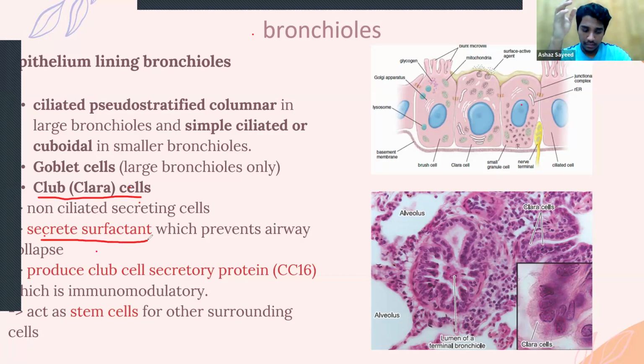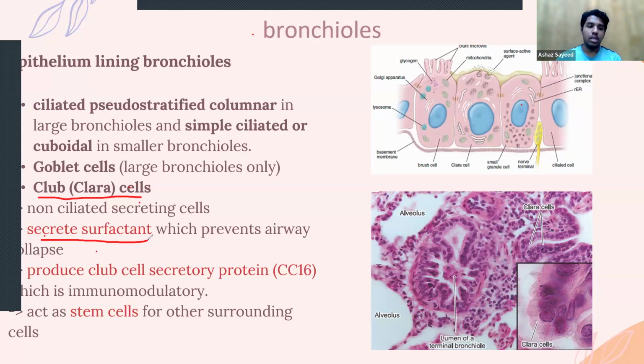They secrete surfactant, and this was the thing on which the previous year question was asked. The question went something like, which of the following cells produce surfactant in the terminal bronchioles? As far as I remember, that was the question. And the answer was your Clara cells.